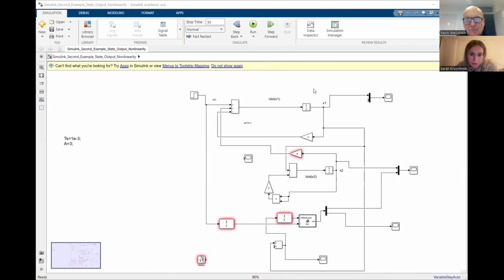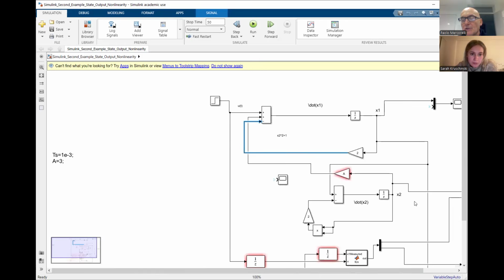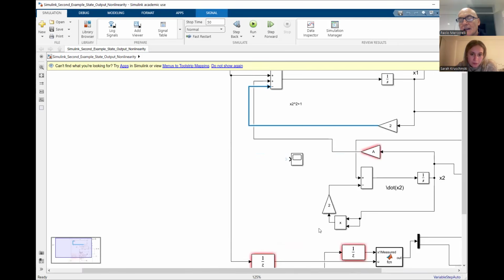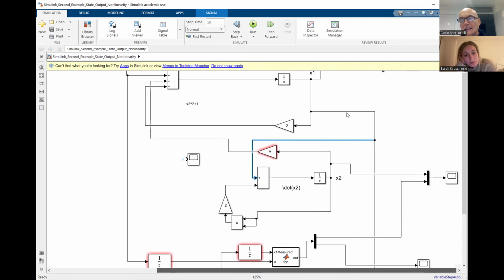This part here represents the dynamics, X1 dynamics. We can see X1 multiplied by minus 2 here, and here we have X2 multiplied by A plus the input. And here the nonlinearity. You remember this X2 squared, multiplied by minus 2. Inside here we have X1. We have two equations, relatively easy. And here we have the Kalman filter.